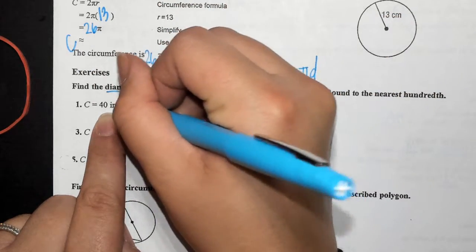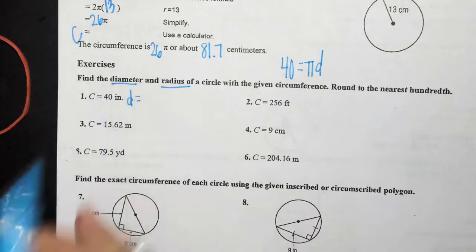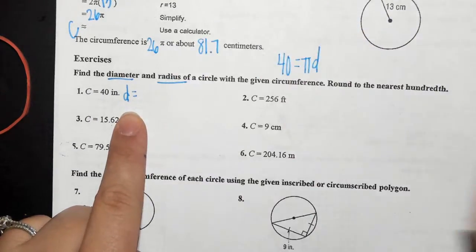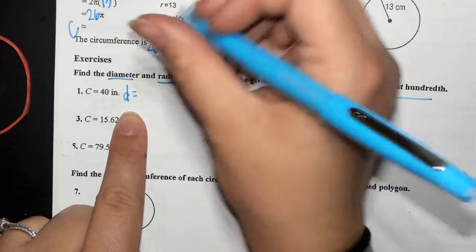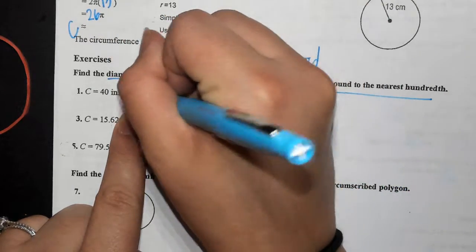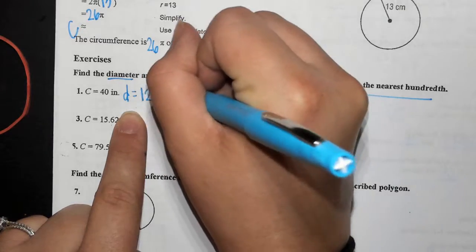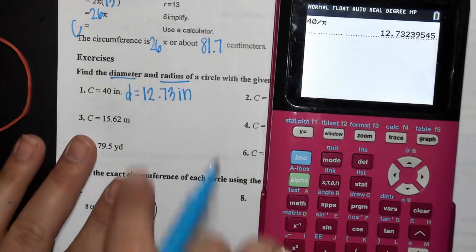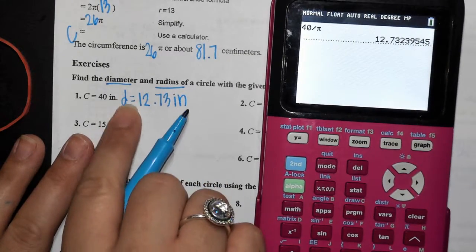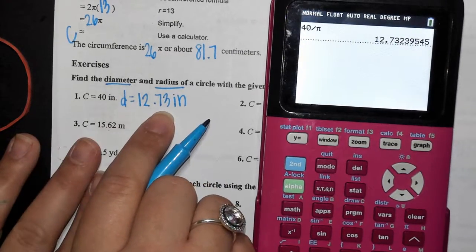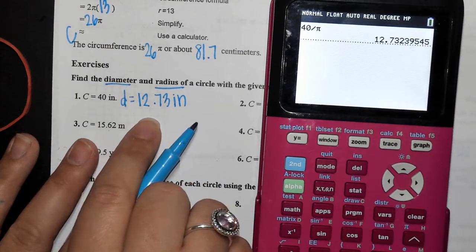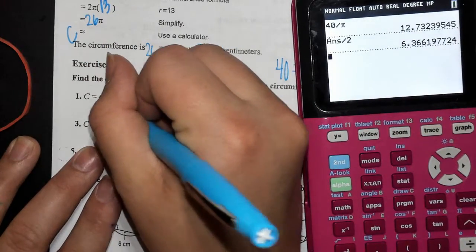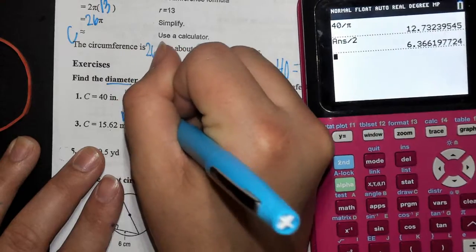So if I divide 40 by pi, rounded to the nearest hundredth, my diameter is 12.73, right? Well, if I know that the diameter is 12.73, how do I find the radius? Half it. So divide it by 2. And your radius is 6.37.